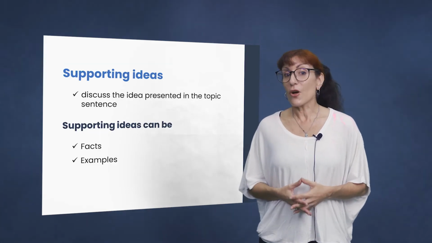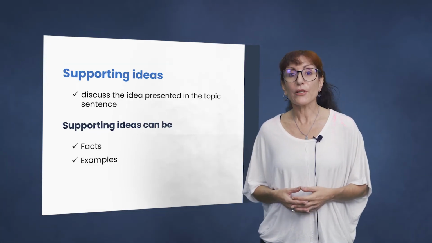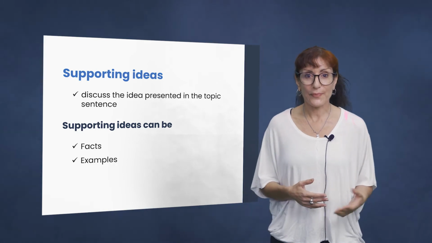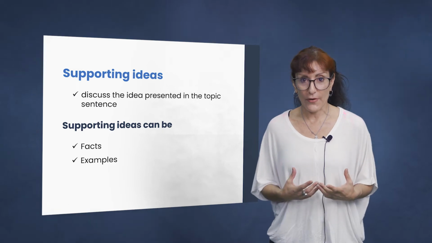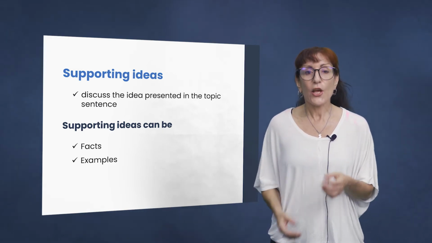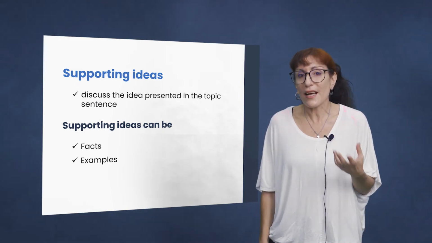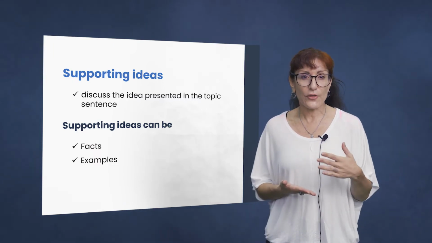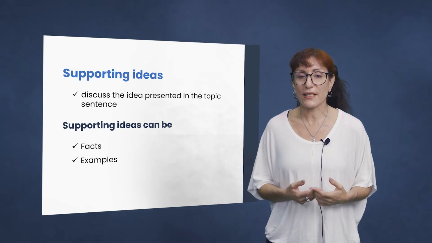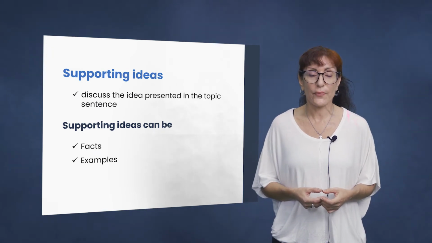Let's move on and talk about the second part of the paragraph, which is supporting ideas. After introducing the idea you're about to present in the paragraph, in your topic sentence, your next task is to discuss it by using logical arguments in a string of sentences we call supporting sentences or supporting ideas.